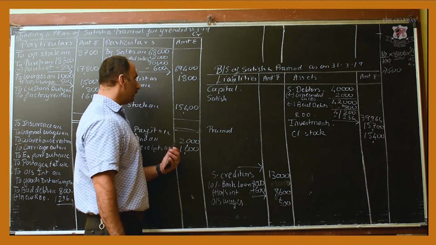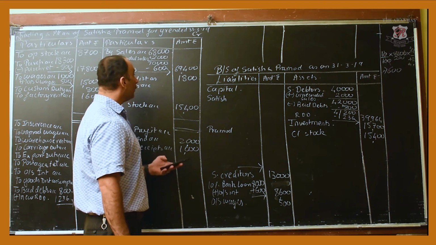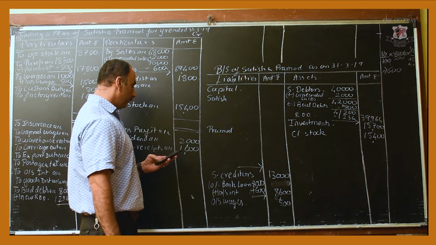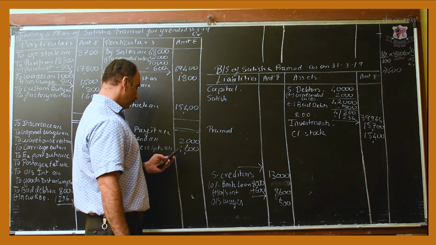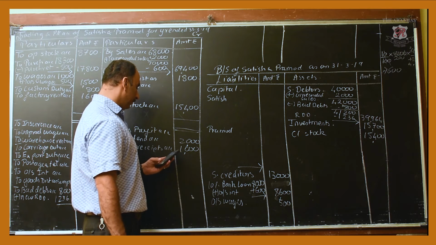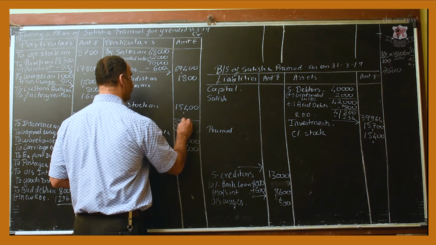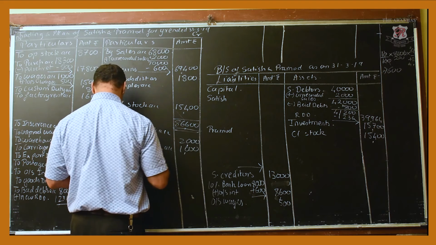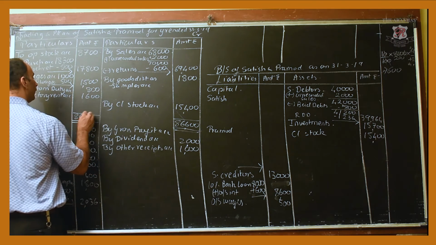First, let's close the trading account. So 69,400 plus 1,800 plus 15,400, so 86,600 is my total of the trading account.